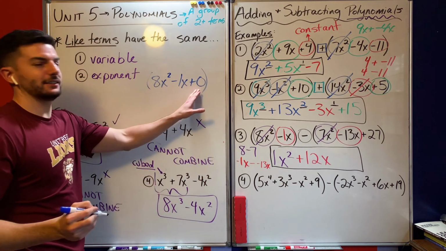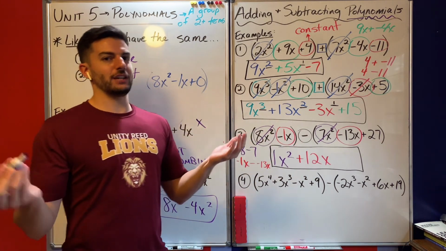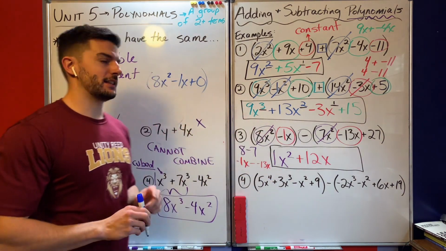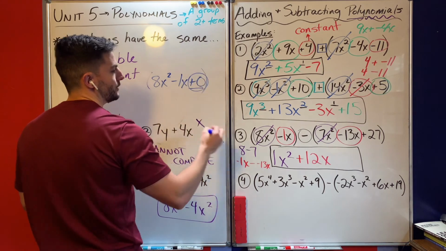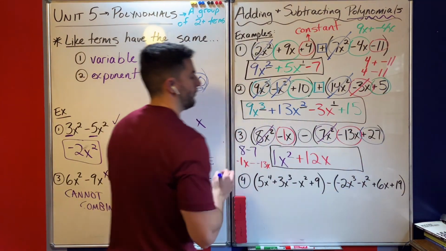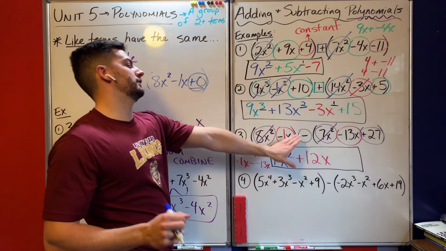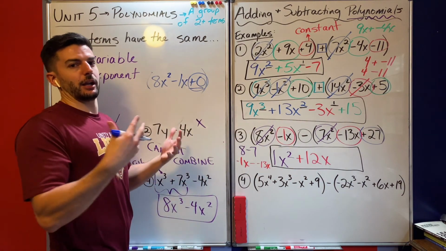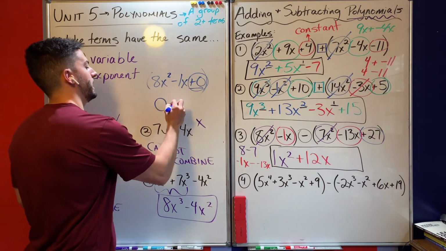Couldn't you just say that that's there even though it's not written? Plus 0 doesn't change it. So technically, mathematically, what I'm doing is 0 minus positive 27. Even though it's not written there, that's kind of a placeholder for me. 0 constant, so 0 minus 27.